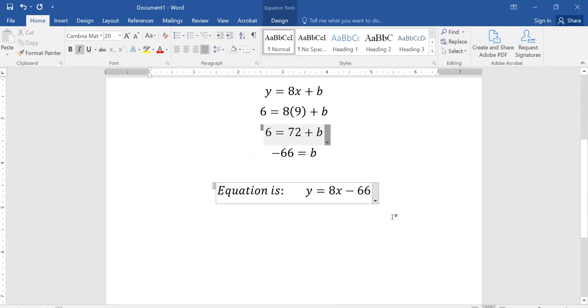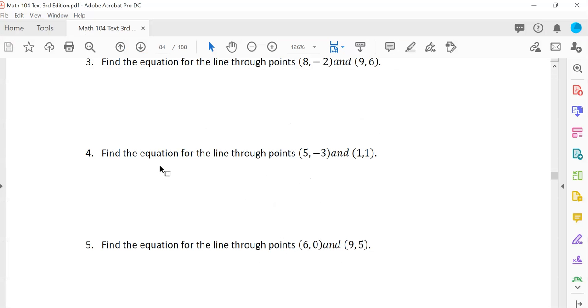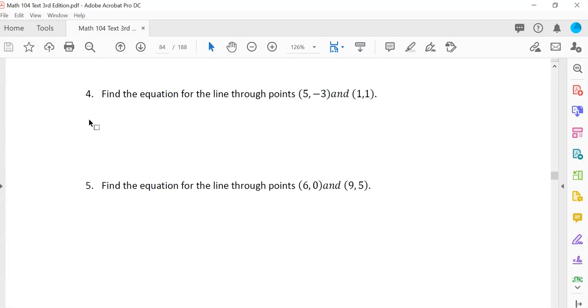Once you find your slope, y equals that slope times x plus b, plug in a point, and use that to find your b. And then obviously the final answer is the equation itself. All right, so that is it. If you wanted to look up the answers to questions 4 and 5, those answers are in the back of the book.